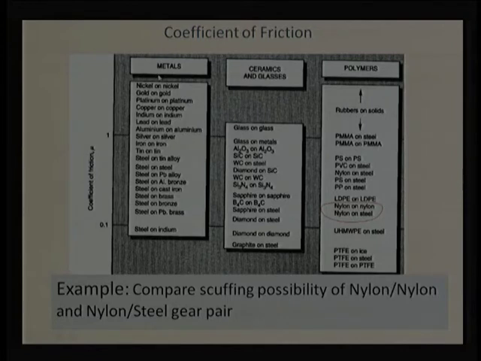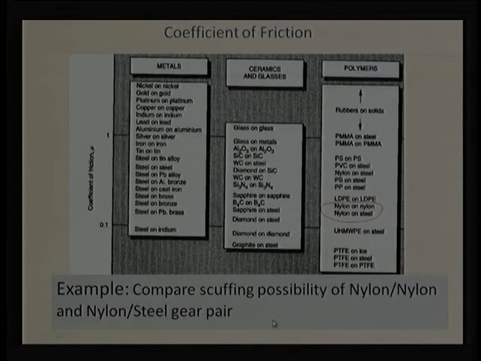When we use a polymer as a gear material, we should check the validity of those gear materials. That is why we are considering the possibility of scuffing at high temperature. When the temperature is very high, there is a possibility of plastic deformation, plastic flow, and the two materials will get welded, and that is known as scuffing. Scuffing is one of the failures.